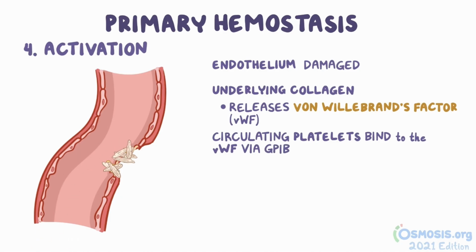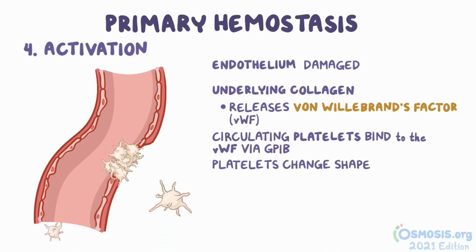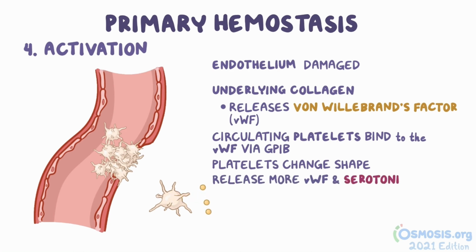The fourth step is activation, where platelets become active after binding to VWF. First, the platelet changes shape and its membrane forms tentacle-like arms, allowing it to grab onto other platelets. Second, platelets release more VWF, as well as serotonin, a tiny molecule that attracts more platelets to the area.